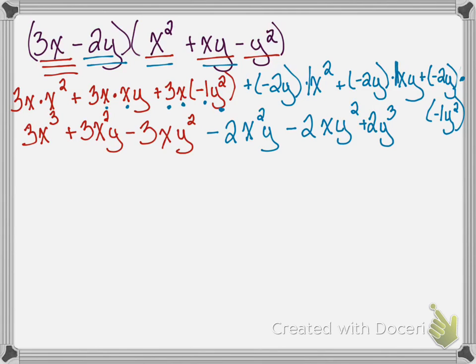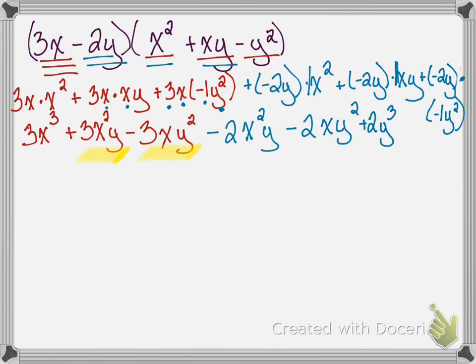Now, this is a little bit more complex when we're combining terms. I want you to look at this term right here and this term right here. So I have 3x squared y minus 3x y squared. Are they like terms?